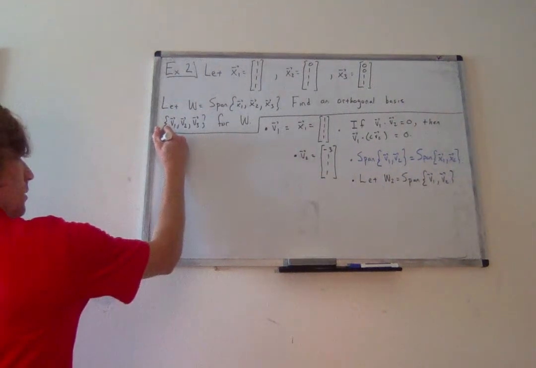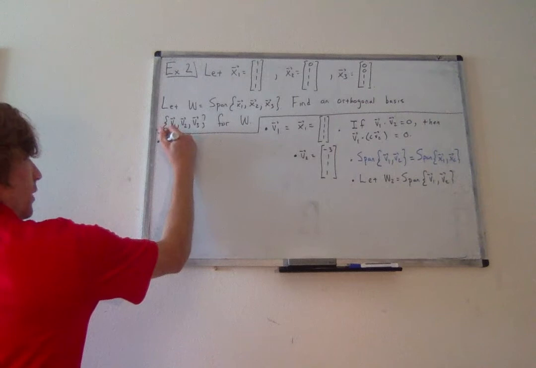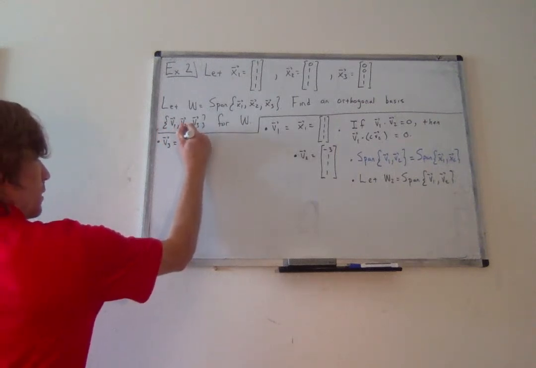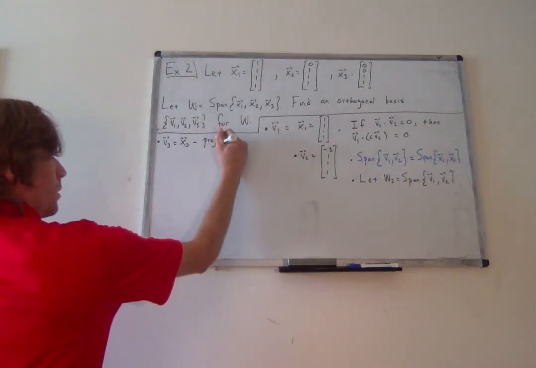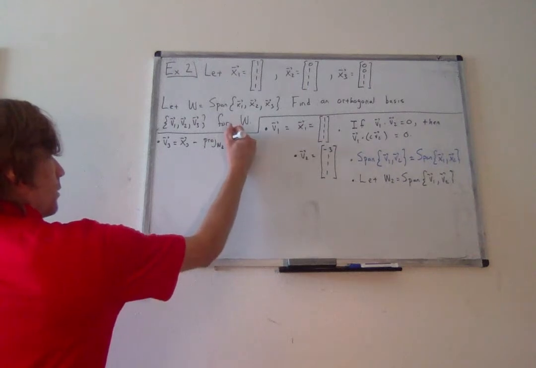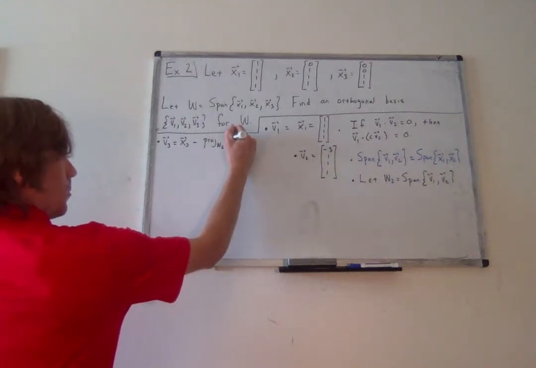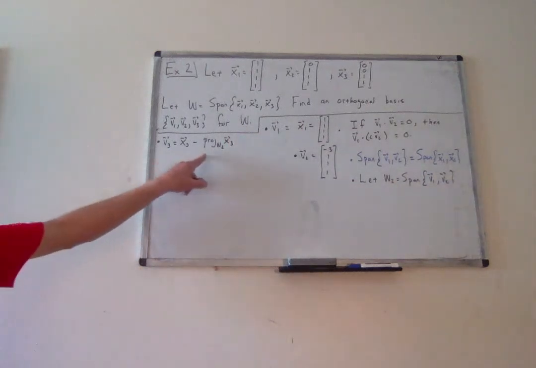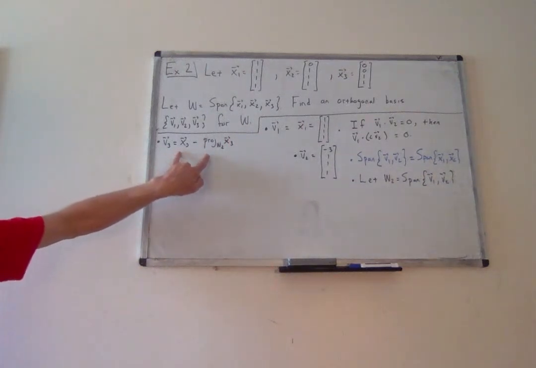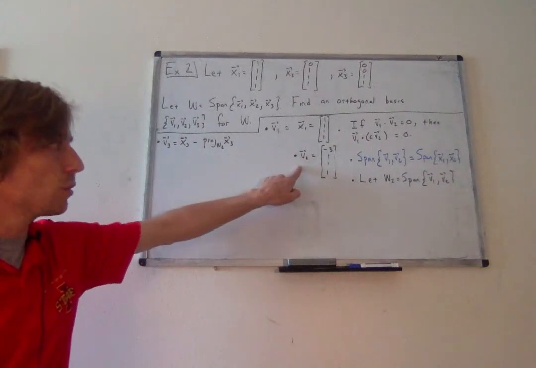Then if I let v3 equal x3 minus the orthogonal projection of x3 onto W2, by the orthogonal decomposition theorem, this vector is orthogonal to both v1 and v2.